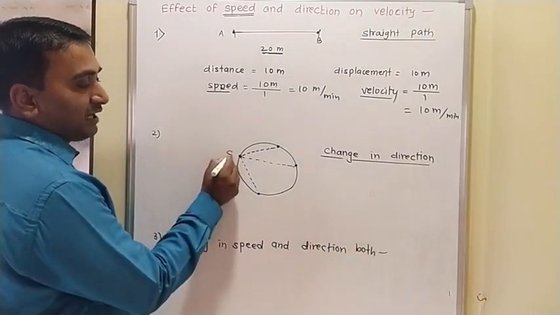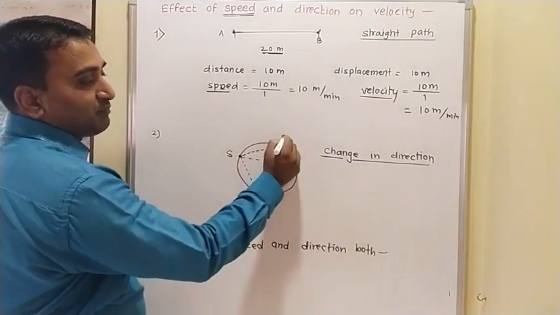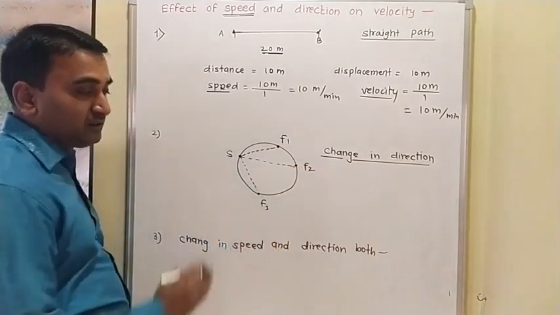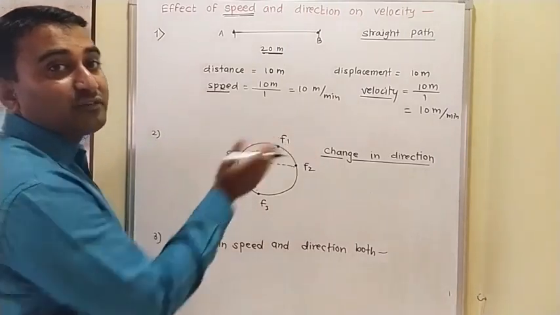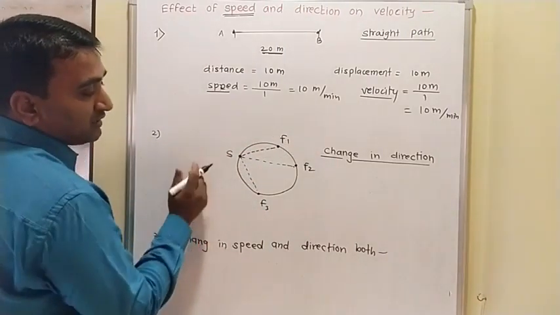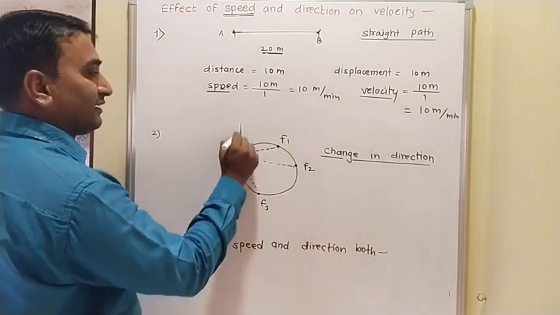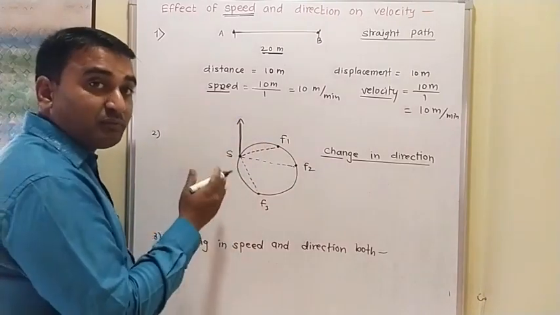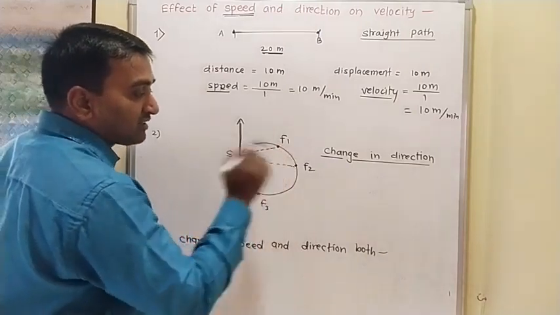Second, how is it affected by direction? See, this is the starting position, and these are final position number 1, final position number 2 and final position number 3. It is a circular path, like a turn of a road. The road may be straight, but here we have a turn.